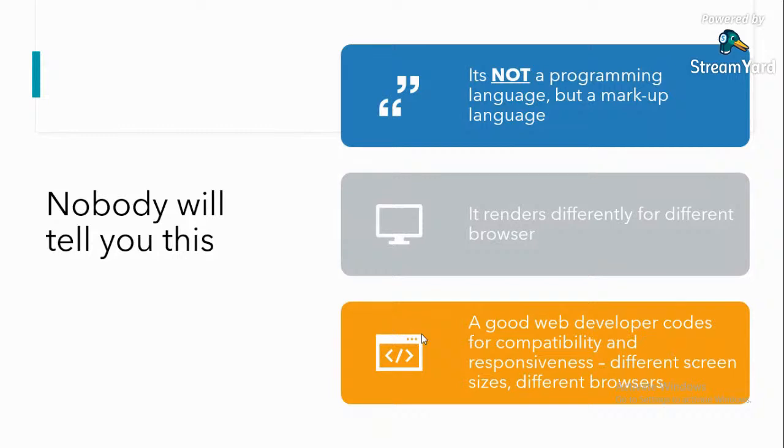It is not that your code has some fault, but it is the browser. Now, a good developer makes something which is compatible across all browsers. So if you are an expert level developer, then you must take care of all the compatibilities across all the browsers, and also the responsiveness.